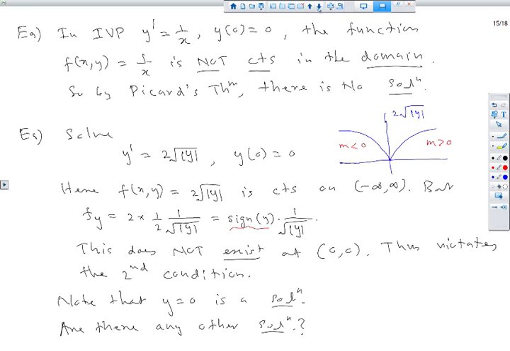For y positive, we can write this as y prime equal to square root y, and then you can write this as dy over square root y equal to dx.